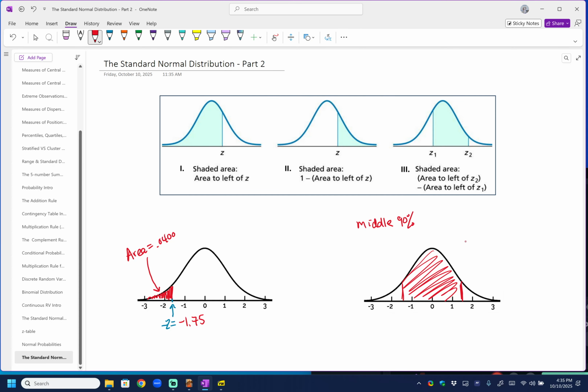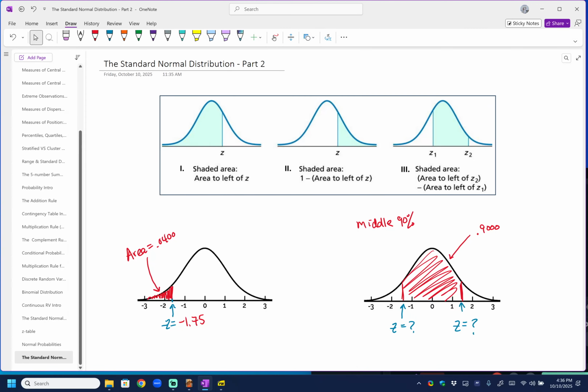And this represents 0.9000. My goal of the problem is to determine this z-value and this z-value. Hopefully you understand that these will be the same z-value but positive and negative due to the symmetry. But nonetheless, we need to find each one.